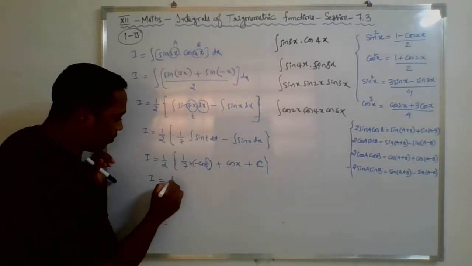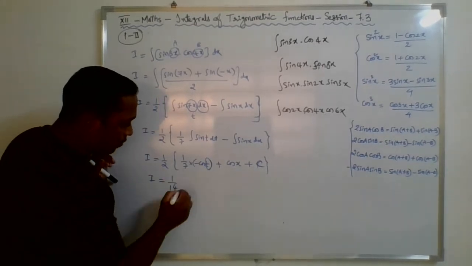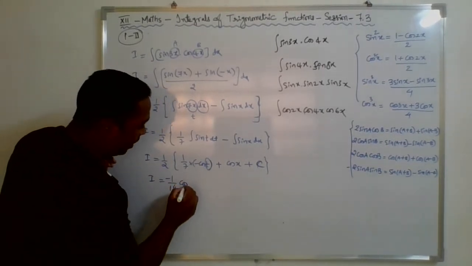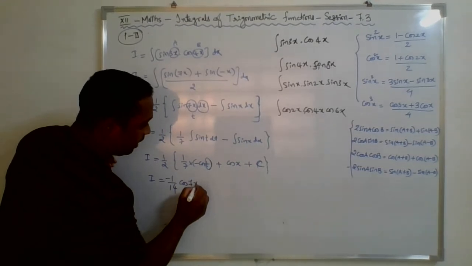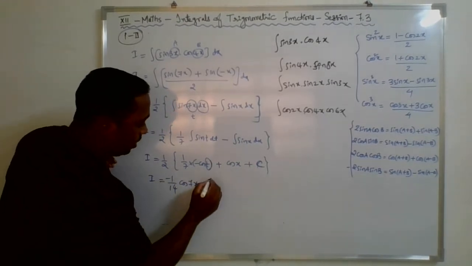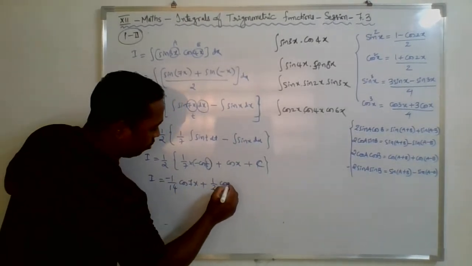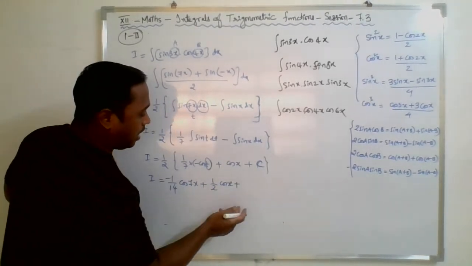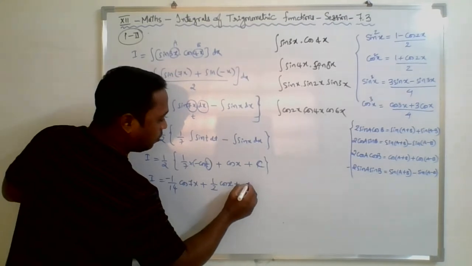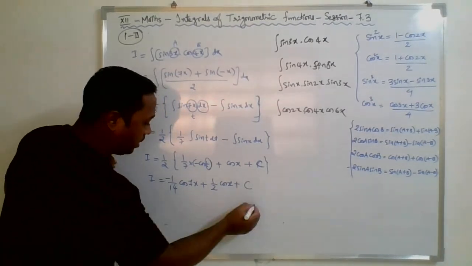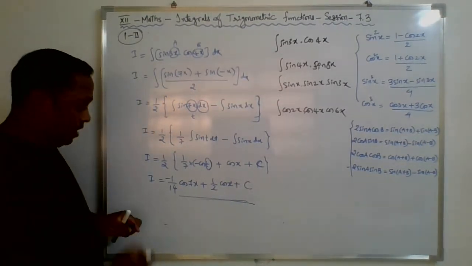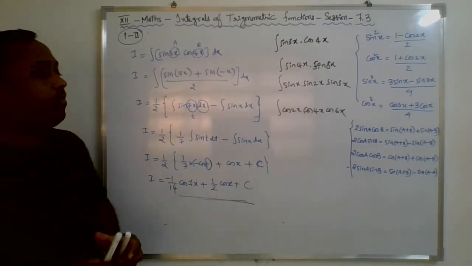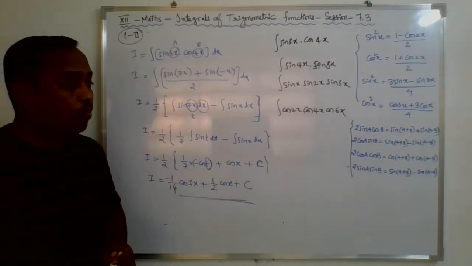So final answer would be 1 by 14 minus 1 by 14 cos 7x plus 1 by 2 cos x, or you may also multiply the c with that one, or c by 2. You can simply write c also. It doesn't make any difference. So this is the way to solve the pattern 2.